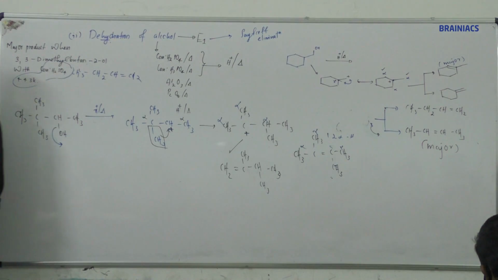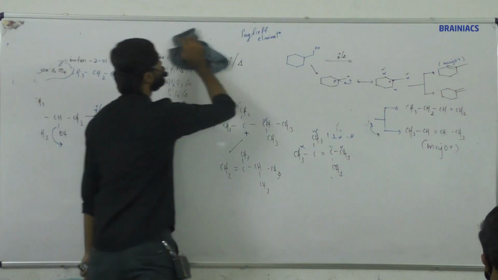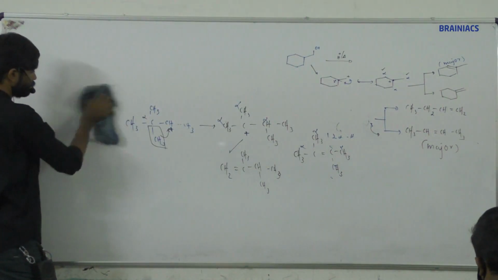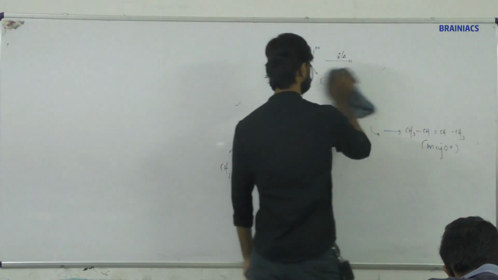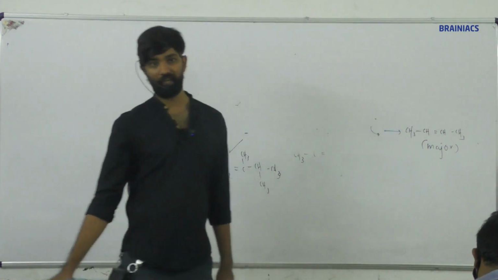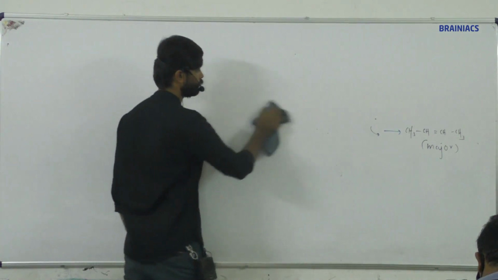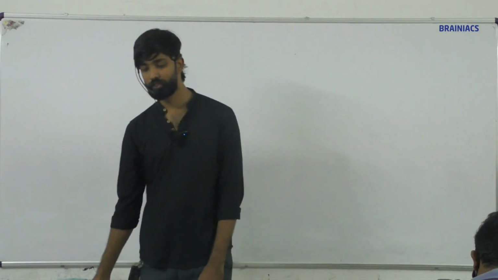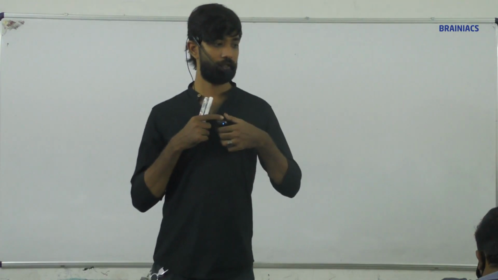So write a point: the rate of dehydration depends either on the stability of the C plus formed, that is, the stability of the formed carbocation, or on the stability of the formed alkene.